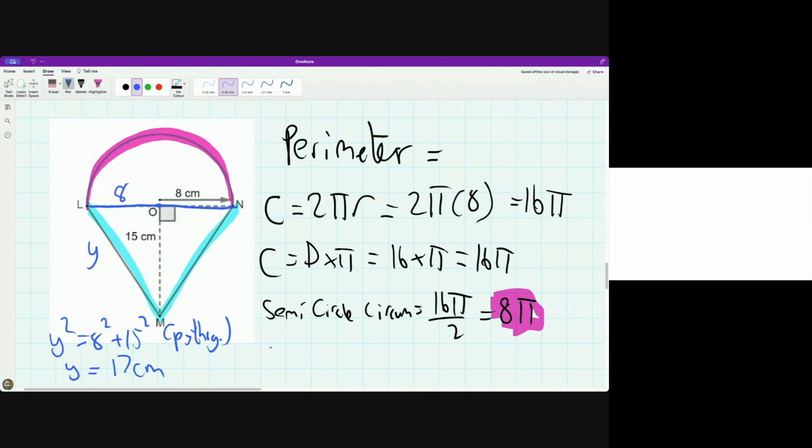So now I want to know what is the final answer for the perimeter of the ice cream cone. What is the final answer?